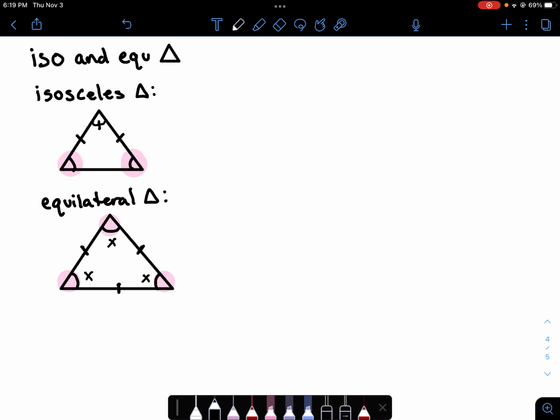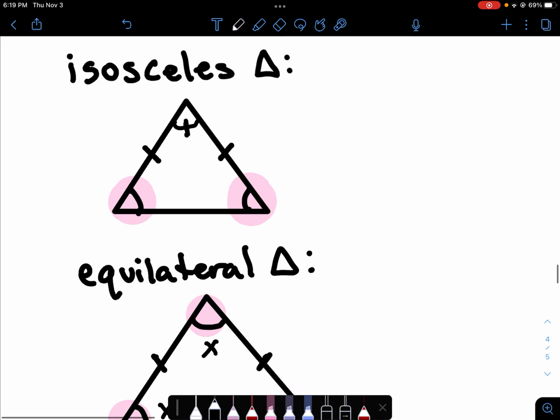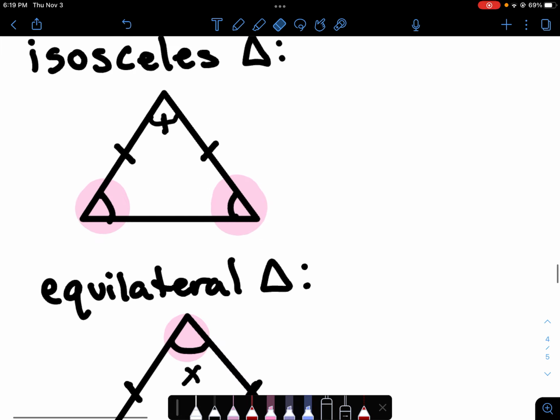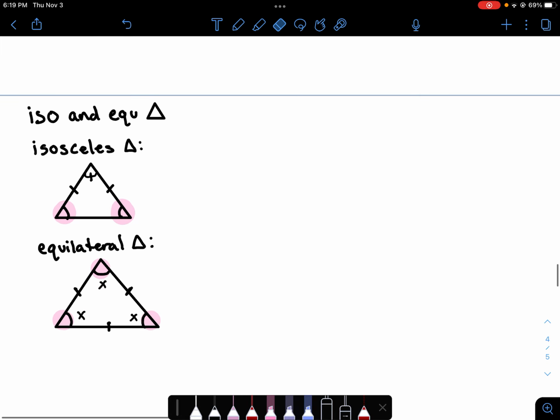So, an isosceles triangle is a triangle, obviously, that has two equal sides. And because those two sides are equal, what does it mean for us? It also means that the bottom two angles, called base angles, are equal.